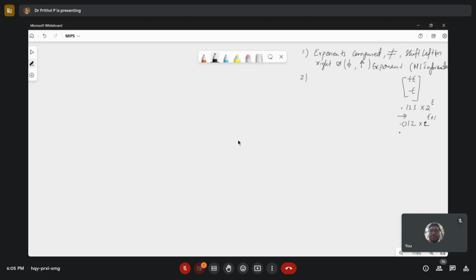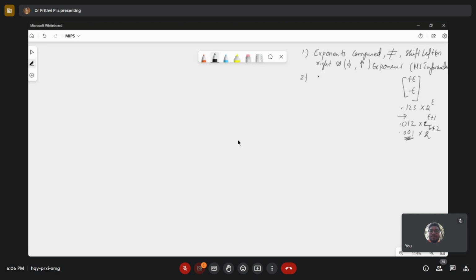One more bit you take, it is 0.01 times 2 power e plus 2. That means this information is lost. So better we try to shift that towards the left side. It depends on the values we are considering. That is a generalized rule we are giving here.